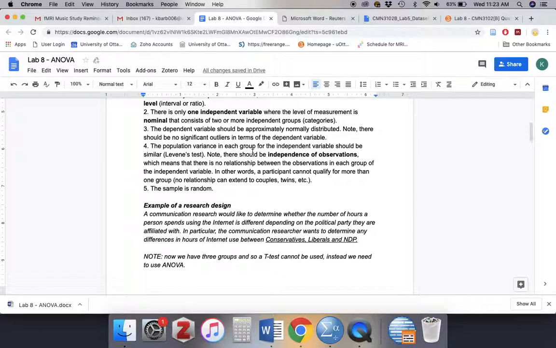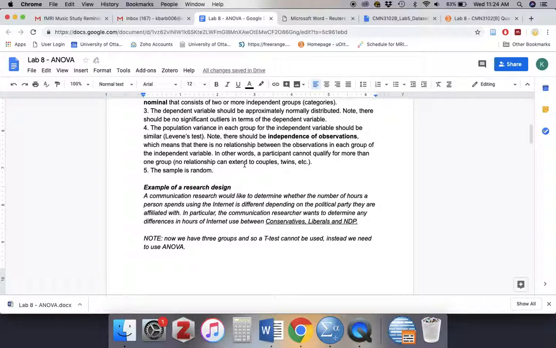That's something you do during data cleaning. You look at the normality plot and any skewness and kurtosis issues, and see from the scatter plots that we have created in the past if there are any outliers. If there are, then you would have to deal with them and then rerun your normality tests.